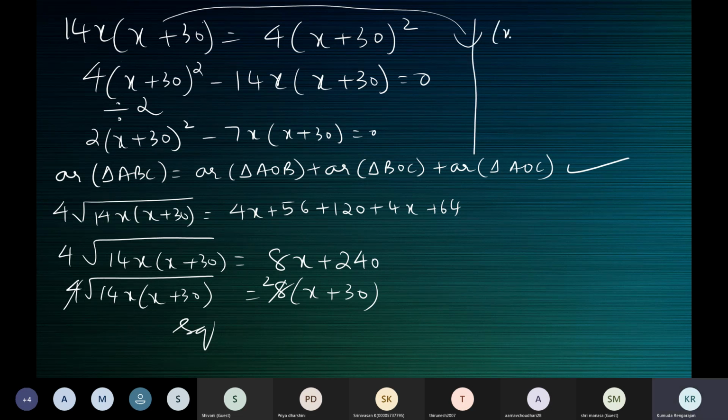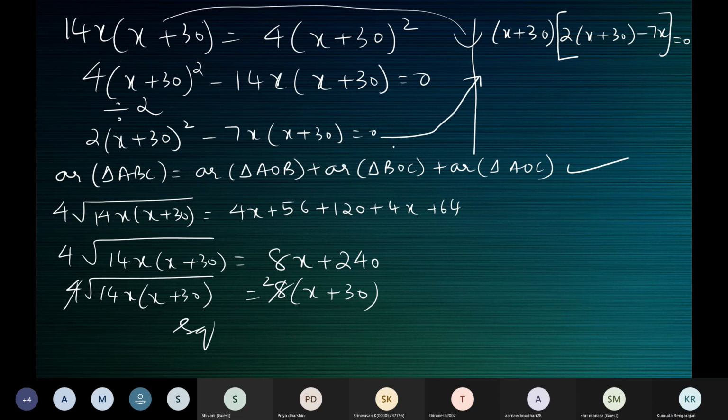X plus 30 is common. So x plus 30 outside. And in the bracket, you would get 2 into x plus 30, because x plus 30 is common, right?